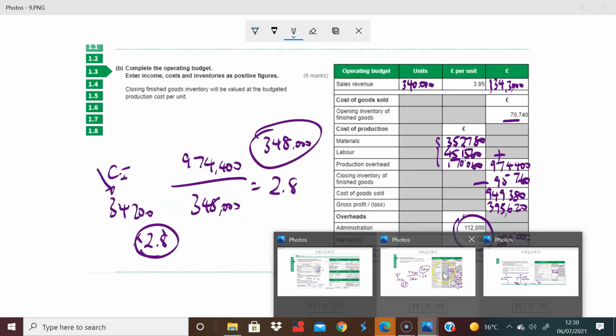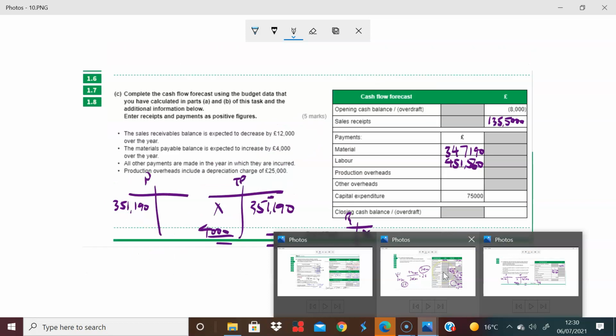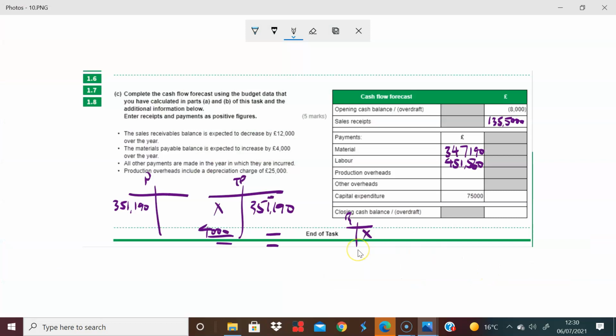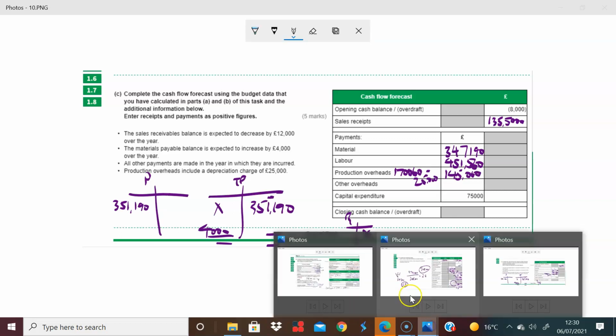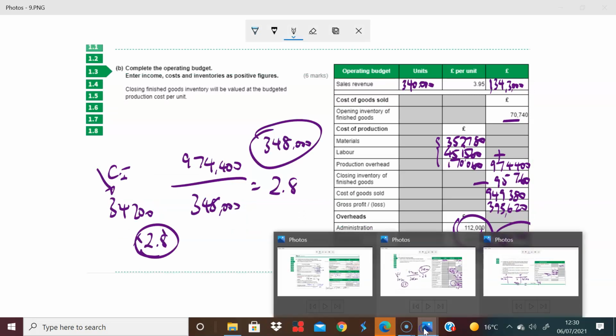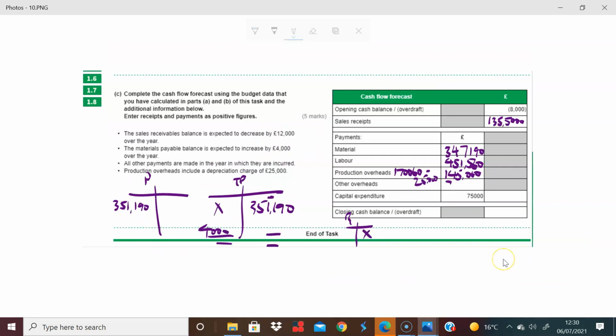Production overheads was 170,060. So 170,060 minus 25,000, because this is not cash, comes to 145,060. Other overheads are given to us in the question as well. That's the 280,000, very similar to what was going on in the exam kit, and then there's some capital expenditure.